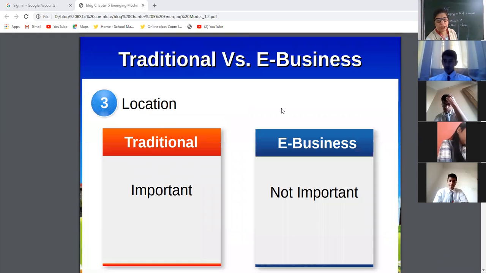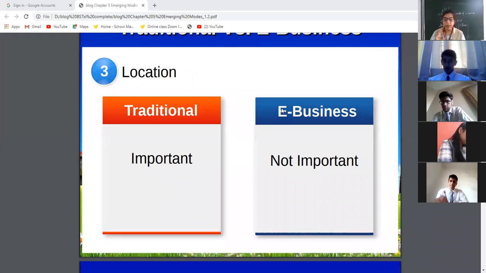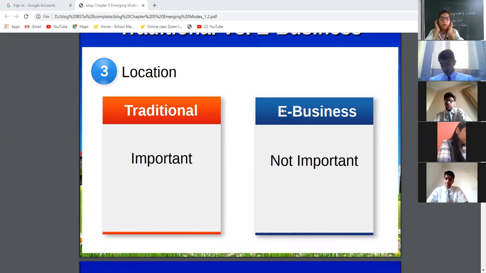Then next, location. Location means market position. Location means where we are starting our business, where we have our showroom, where we have our shop. So location is necessary in traditional business.